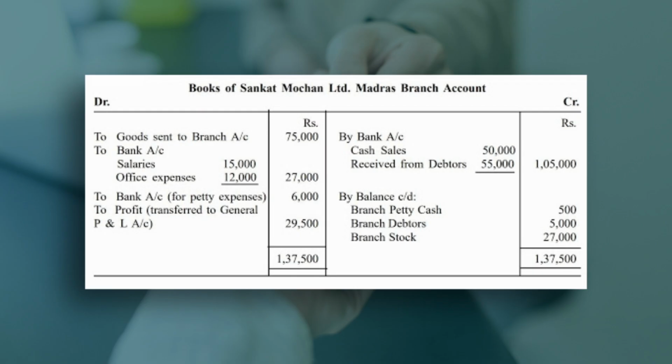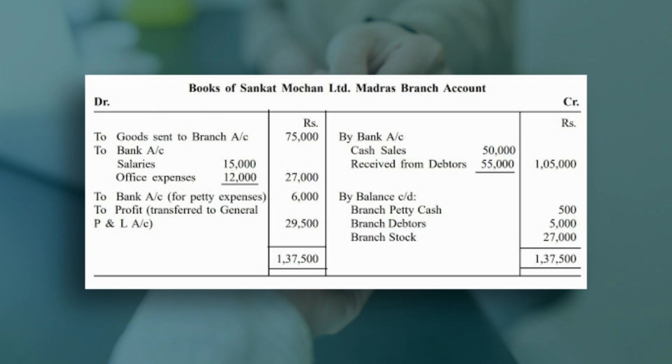So, in the debit side, to goods sent to branch. This branch account we are preparing in the books of the head office. The first one is to goods sent to branch 75,000, given in the question. Then to bank. These are the amounts of cash remitted by the head office to the branch.